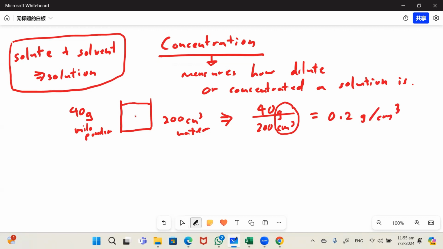But gram per cm cube is not an SI unit. The SI unit is mole per dm cube. So you need to be able to convert from gram per cm cube to mole per dm cube and vice versa. But what I'm trying to show is the concept behind concentration.